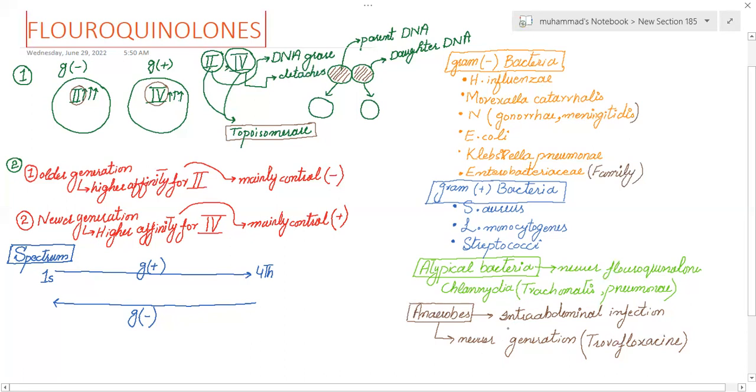And the bacteria in these anaerobes is B. fragilis, Bacteroides fragilis. So this is the spectrum of fluoroquinolone.